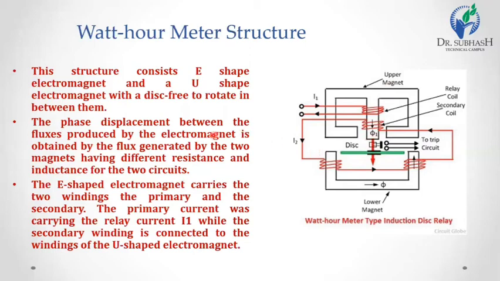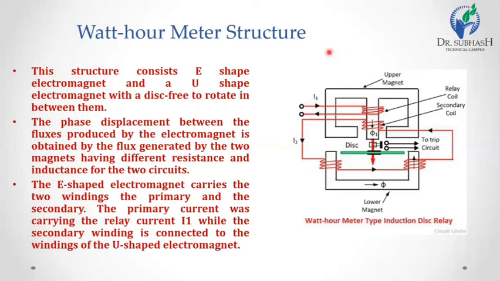The phase displacement is created by two fluxes. One is produced in this E-type structure and the second flux is produced in the U-type structure. It is obtained by these two magnets having different resistance and inductance for the two circuits.